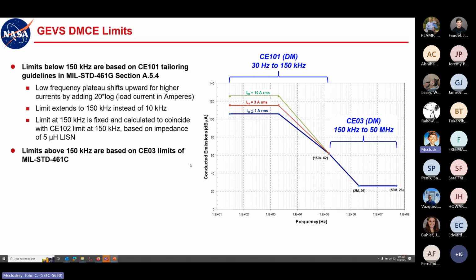And the limits above 150 kilohertz are based on the CE03 limits of the old Mil Standard 461C. And we add 6 dB to this for a differential mode measurement. So that 56 dB microamps at 150 kilohertz bumps up to 62. All of the limits across the board we just bump up by 6 dB.